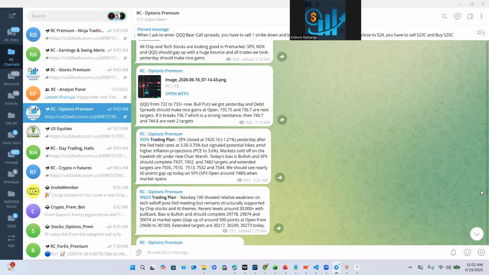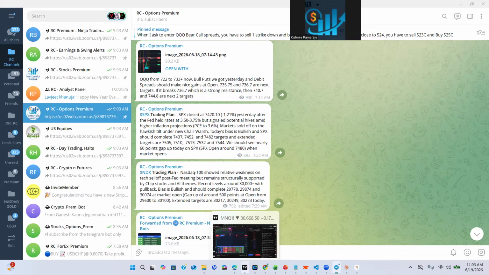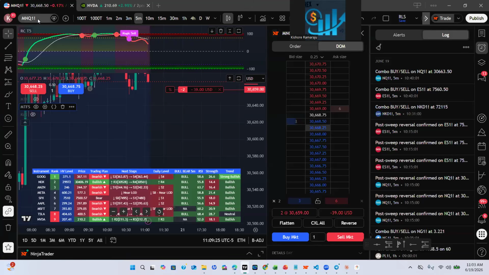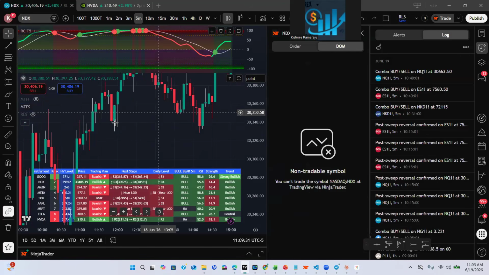So NDX, right? NDX trading plan. It should complete all these targets, and then we should see a near 500 point gap up. Extended targets are 3217, 3249, 3273. If you see yesterday, NDX opened with a 500, 600 point gap up.